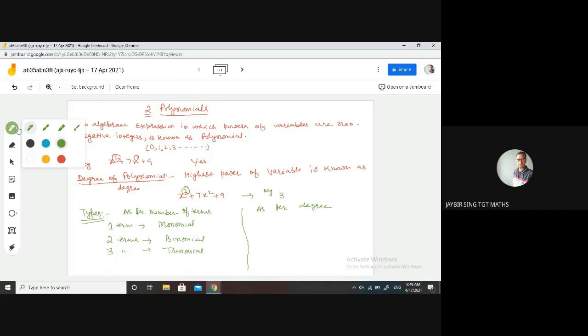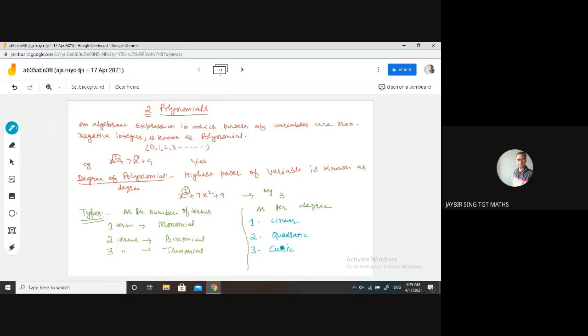Okay, and now as per degree, if any polynomial has degree one, it is called linear. Okay, if we have degree 2, it is called quadratic polynomial. And if we have degree 3, it is called cubic.